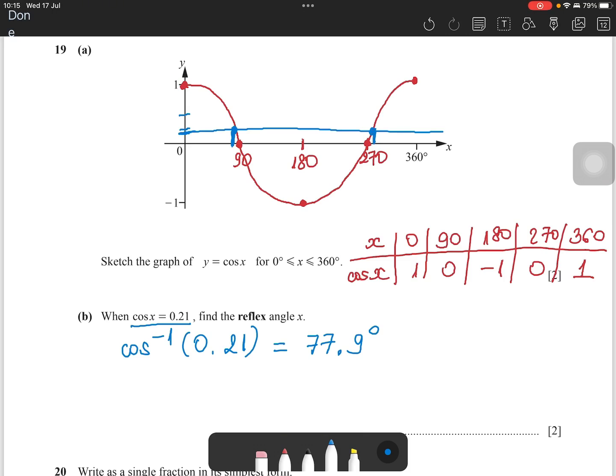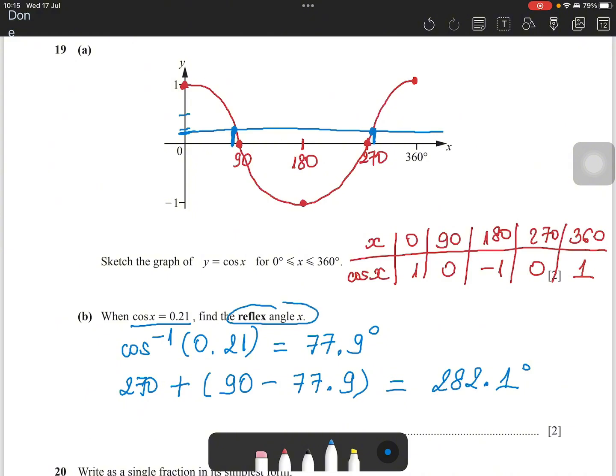So, the next solution is equal to 270 plus the distance from 90 to 77.9. And the answer for this is 282.1. There are two solutions for this, but we want a reflex angle. So the only answer that we accept is 282.1 degrees.